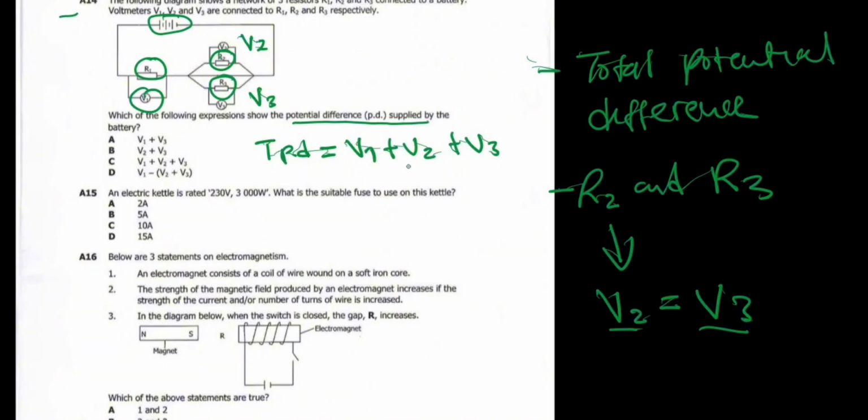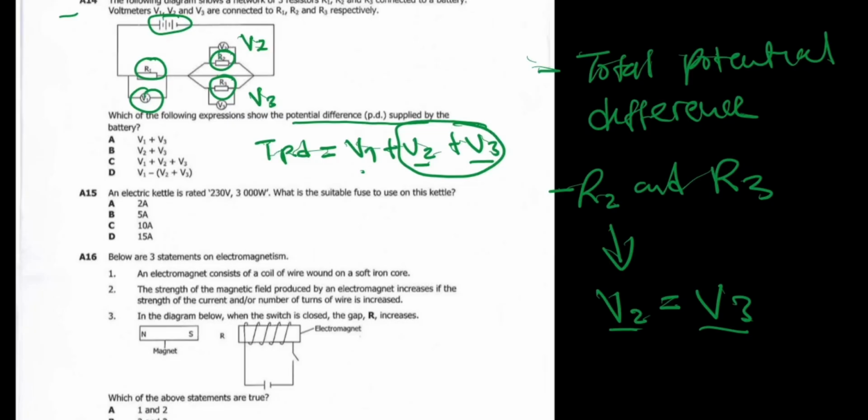But notice that because we're dealing with these two resistors that are connected in parallel, then they are actually equal. If the resistors were in series, then we could write it like V1 plus V2 plus V3. But because these two resistors are in parallel, then V2 is equal to V3.